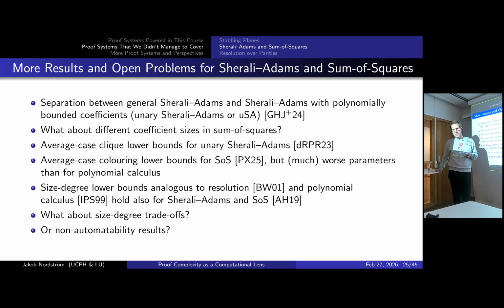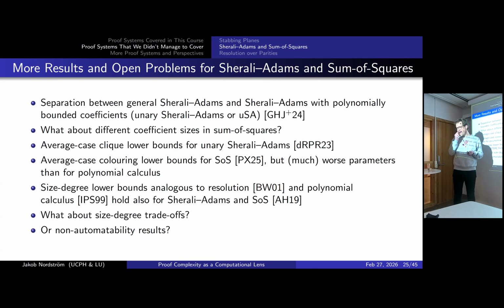Aaron also has average-case coloring lower bounds, but I think the parameters are nowhere as good as they are for polynomial calculus. So clique lower bounds for Sherali-Adams without the unary would be fantastic. Better coloring lower bounds for sum of squares would be fantastic.